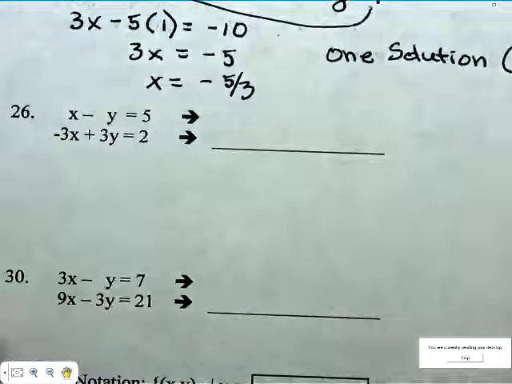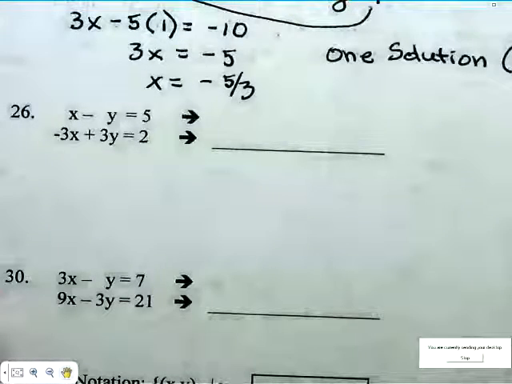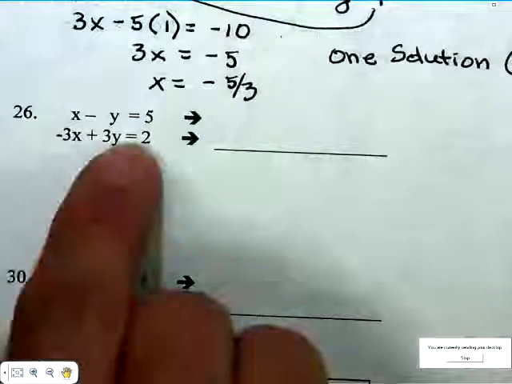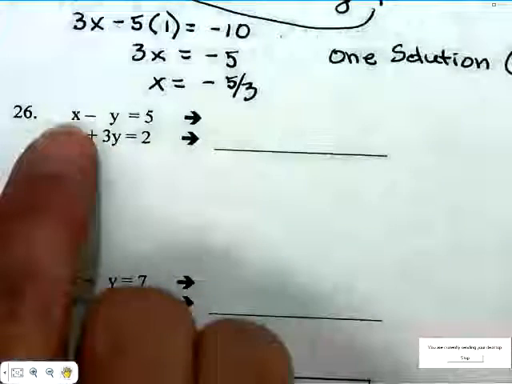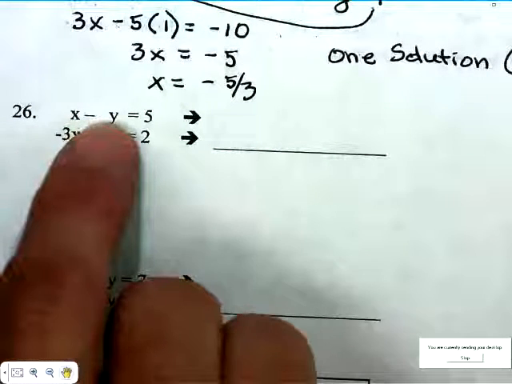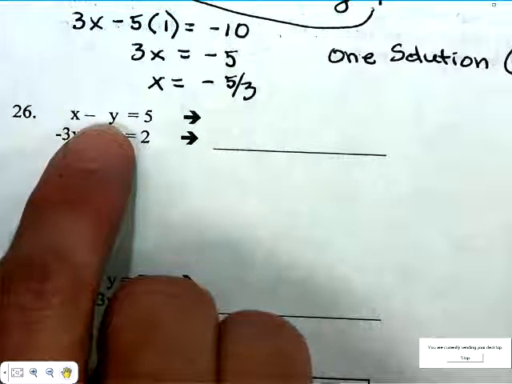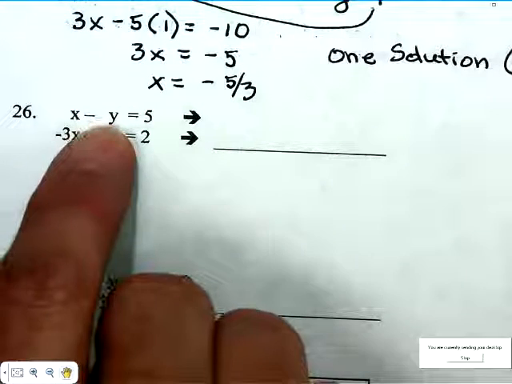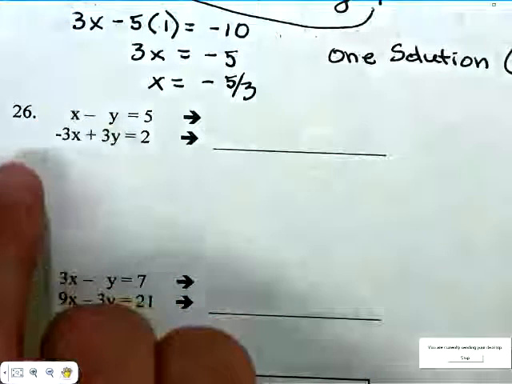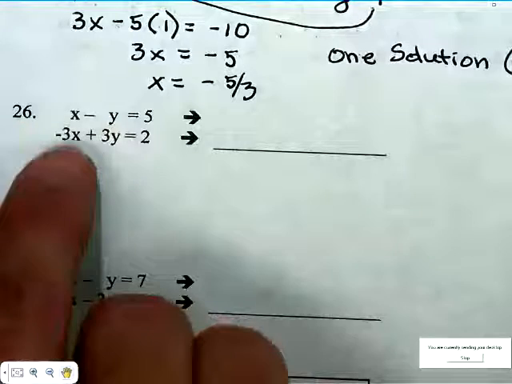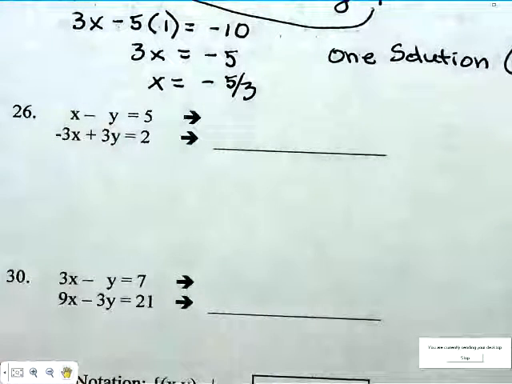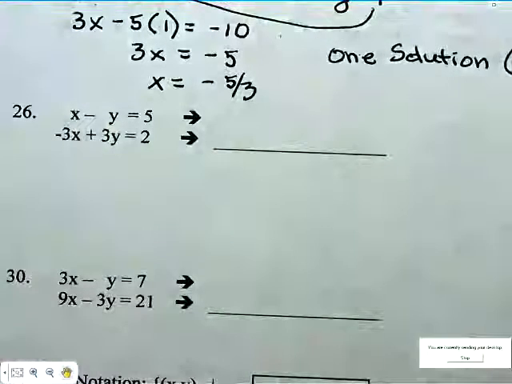Number 26 could be easily done by substitution. That first equation, I could either get the x by itself or the y by itself with no big deal. And so if you do it that way, it's fine. Or what could you multiply the first equation by that would cause something to cancel when you added it to the second equation? By 3. All right, that's pretty easy to figure out.